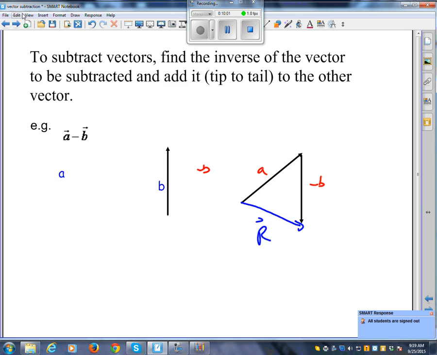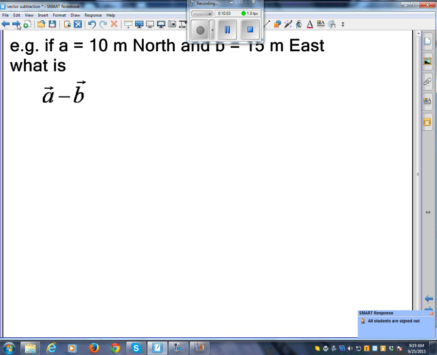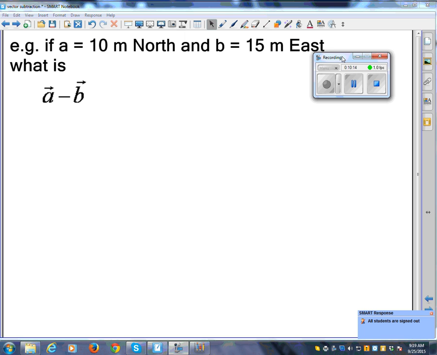Let's do an example, shall we? Is that the same example you have? A is 10 meters north, B is 15 meters east. What is A minus B? Let's just do it here. Which one is the one we're subtracting? B. How do I know? It says minus B. So I'm going to go A and then minus B, right?